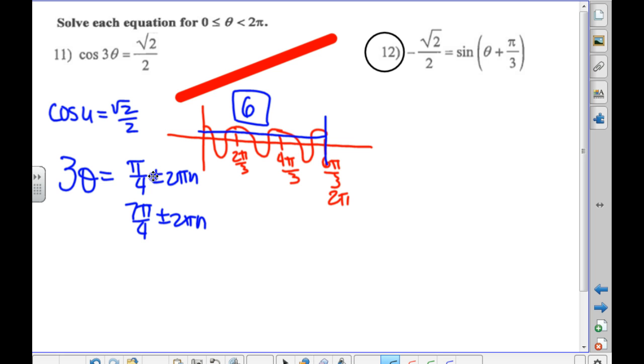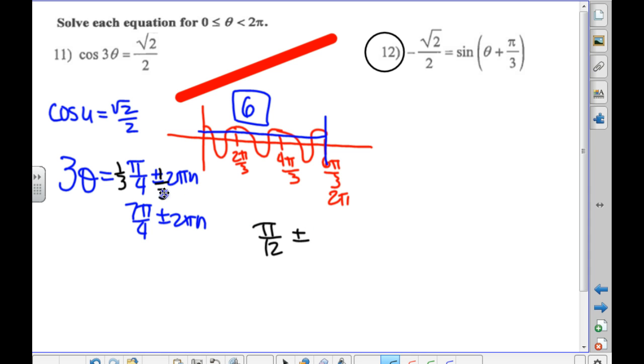But when we solve this and divide everything by 3, it's like multiplying by a third. So it's going to be pi over 12 plus or minus 2 pi over 3.